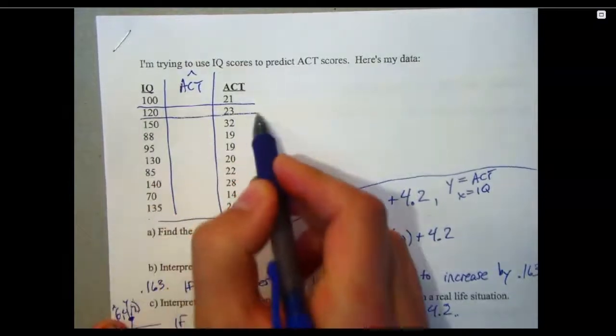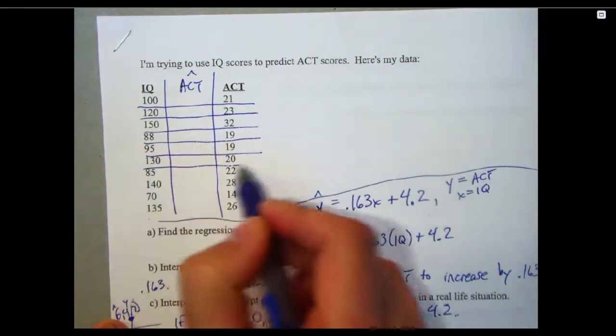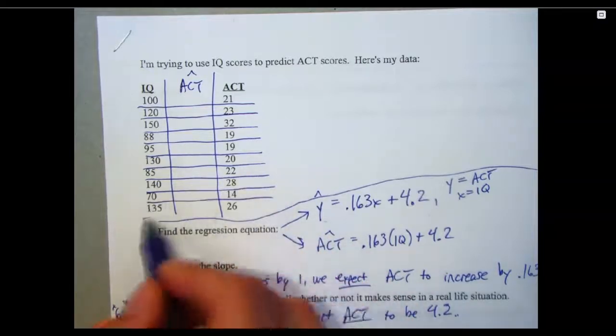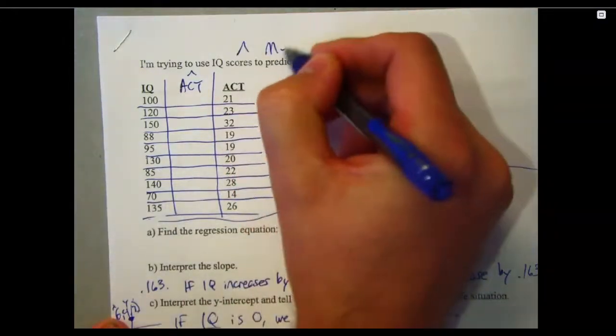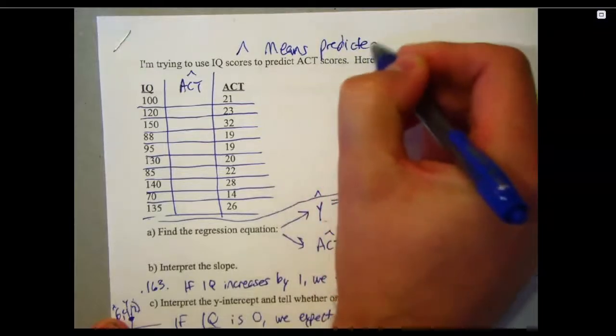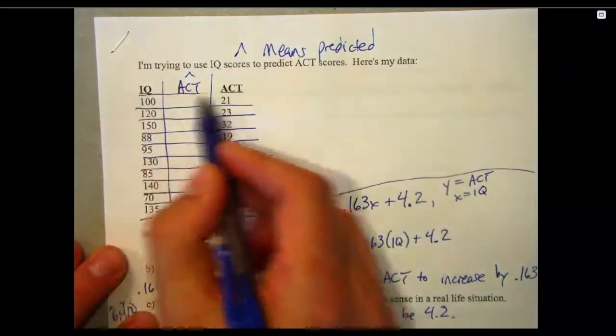What does the hat mean? Predicted. Hat means predicted. I think it's hilarious they call it hat. Yeah, that's not like me making it up. I'm not that clever.